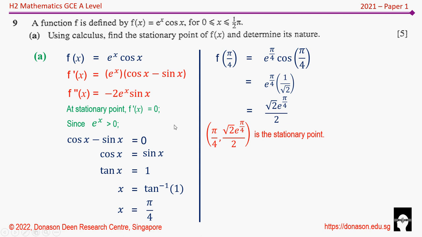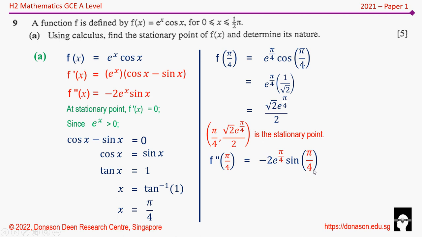To do that, we're going to take the x coordinate, which is pi over 4, and substitute into the second derivative, f double prime of pi over 4. So let's put all the x with pi over 4 and see what happens. Negative 2 e to the power of pi over 4, so I have replaced the x with pi over 4, and sine of pi over 4.